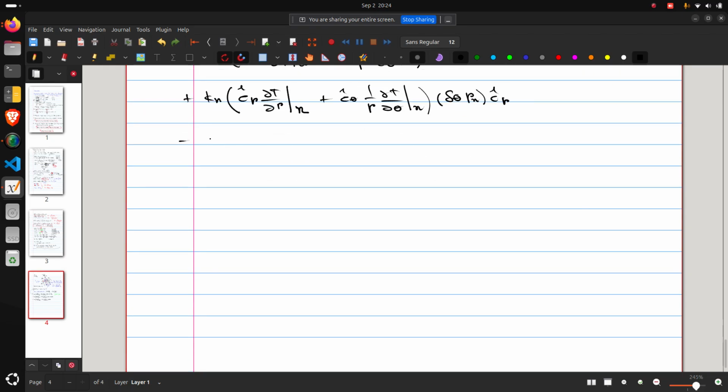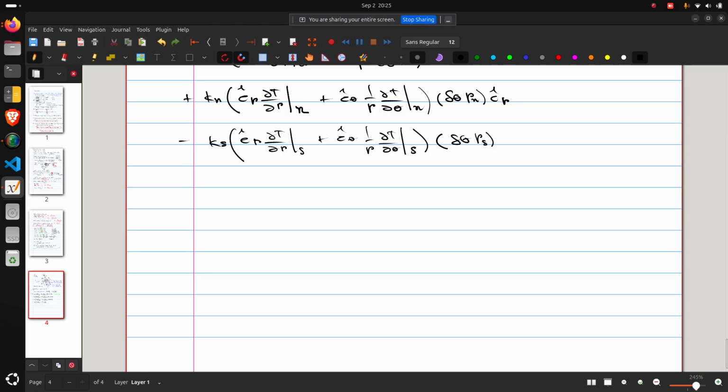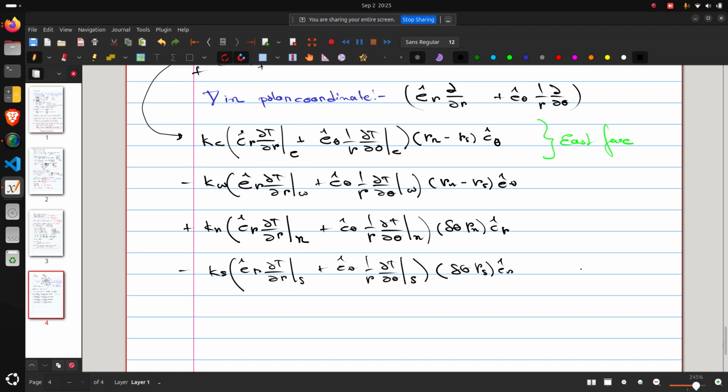And finally for the south face, okay. So now it's quite straightforward from here, right? So SPTP plus SC equal to 0.